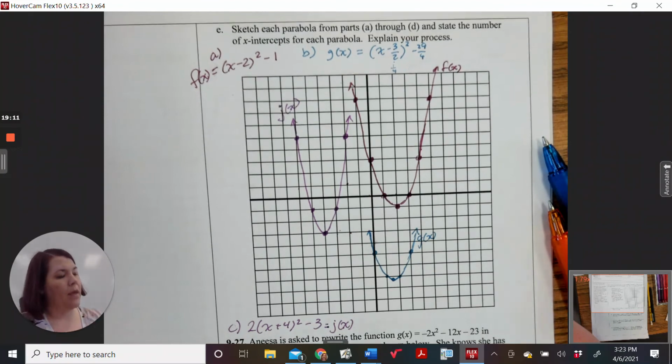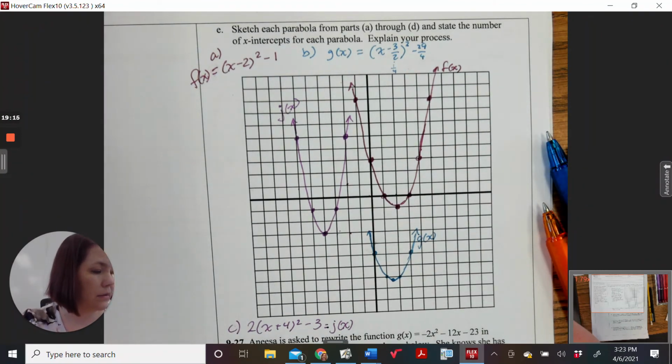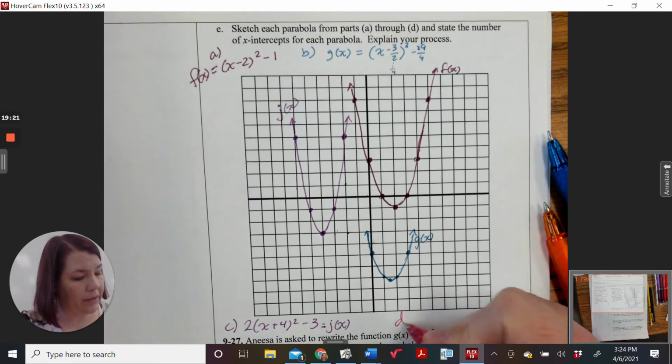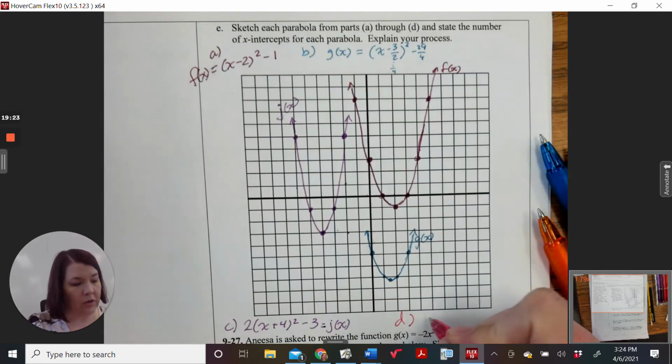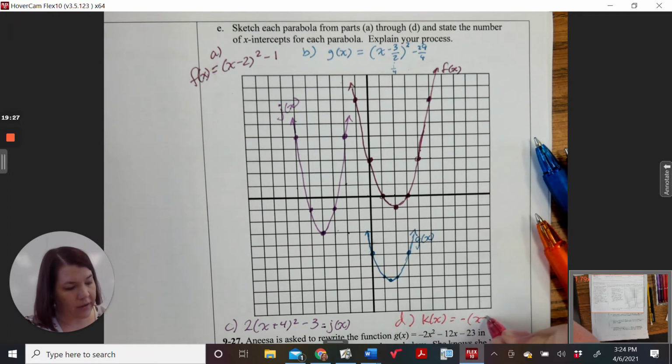Okay. And last, but most certainly not least, we're going to use red. D, which is k of x, equals negative x plus 4 squared.